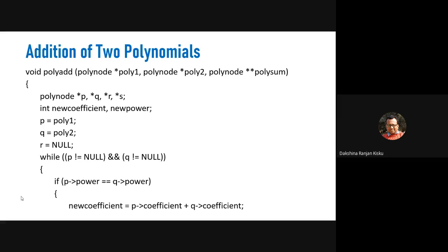That means the new coefficient becomes the addition of the two coefficients of the first terms of the first polynomial and the second polynomial. This is done when the exponent parts of the first non-zero terms of the two polynomials are found to be equal.